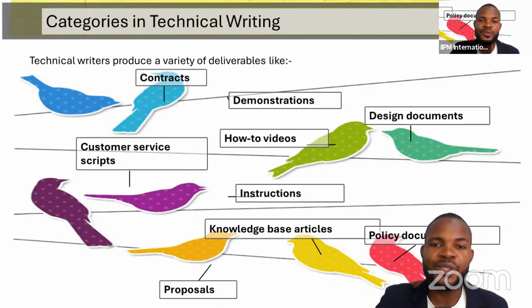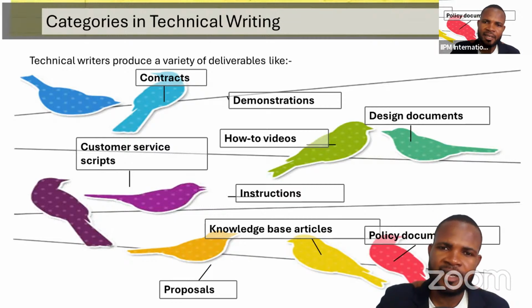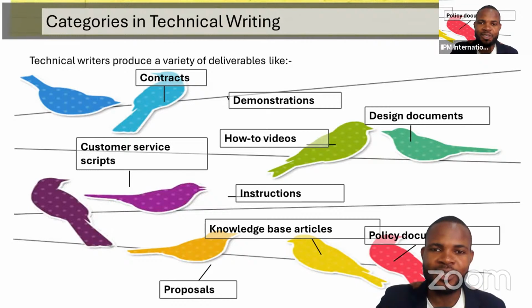Then we have those of us in the engineering field. You do things around designing, maintenance, and all of that. So we have a whole lot. Now we have those of us in social media marketing or digital marketing, you have a whole lot to do.